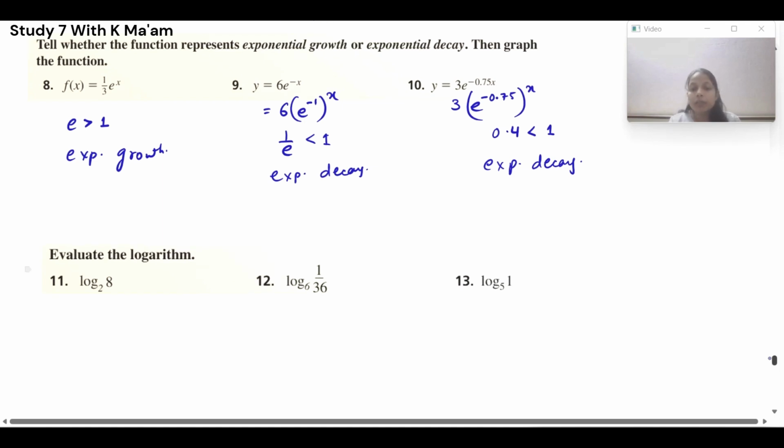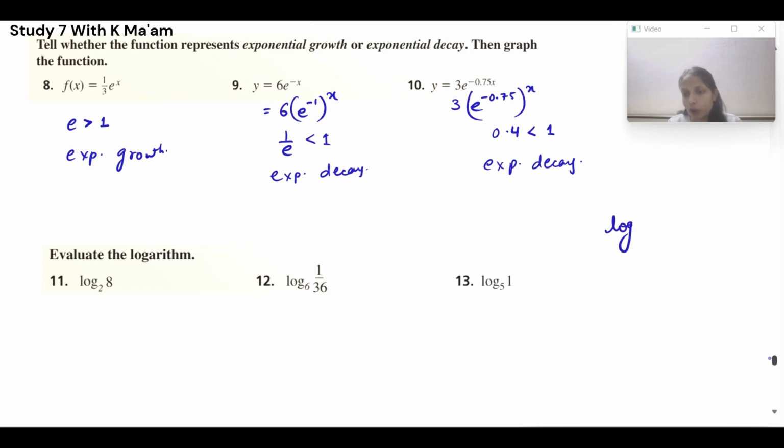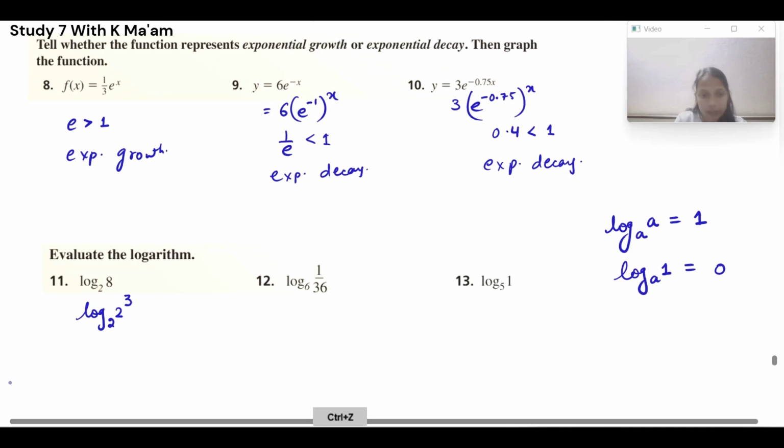Evaluate the logarithm. For logarithms, we have some properties. Log base a of a, the answer is 1. Log base a of 1, the answer is 0. So here, log base 2 of 8. 8 can be written as 2 power 3. So this is 1 and you're left with 3.